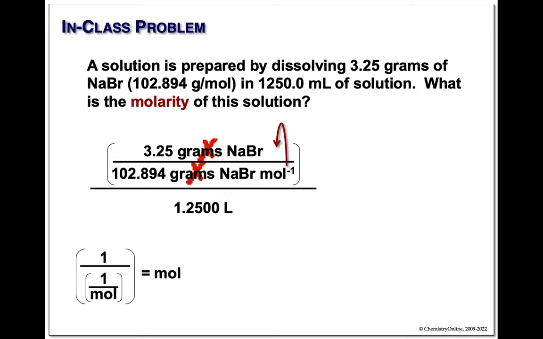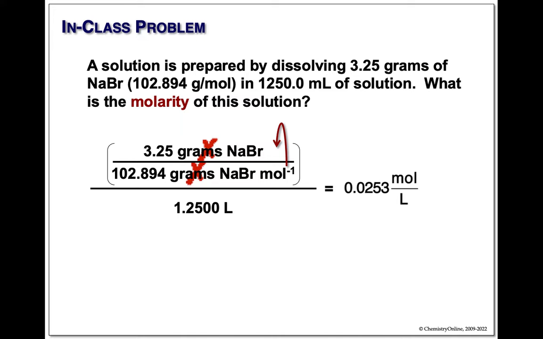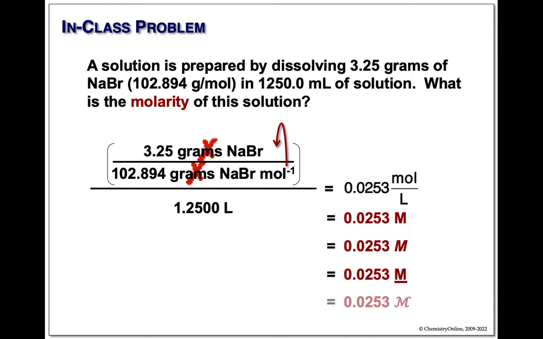That means this mole per mole comes up as mole. All right, do our calculation: 3.25, 102, 1.25. We get 0.025 moles over liters. That's molar.